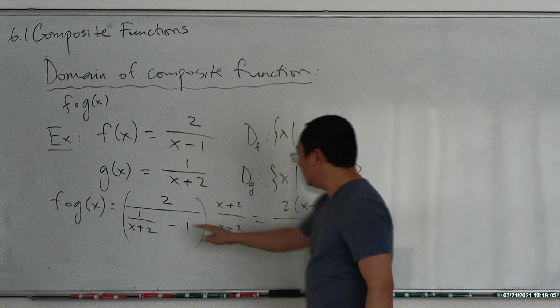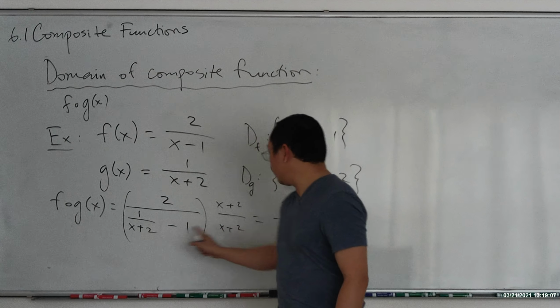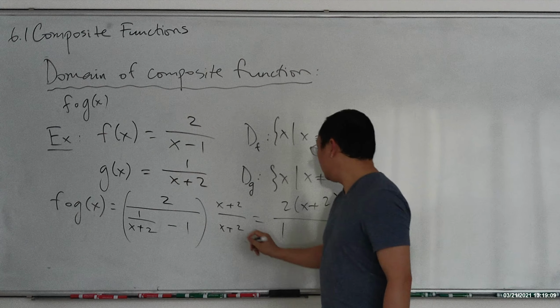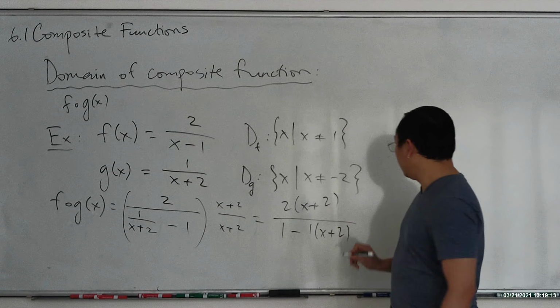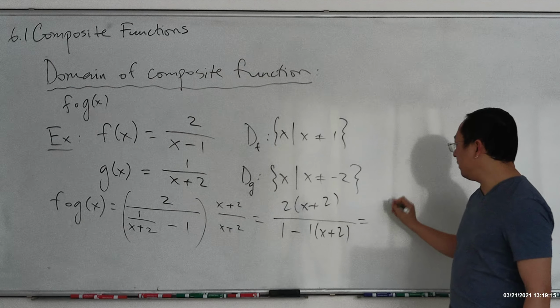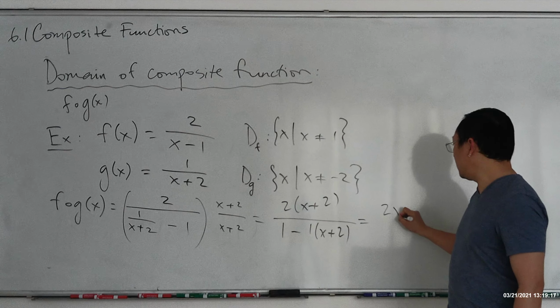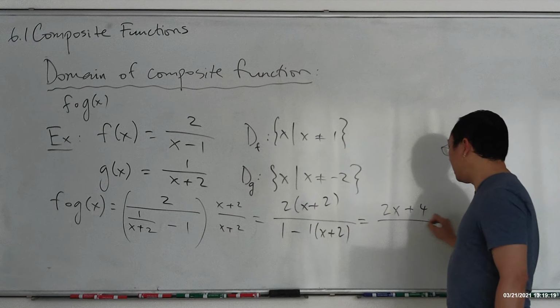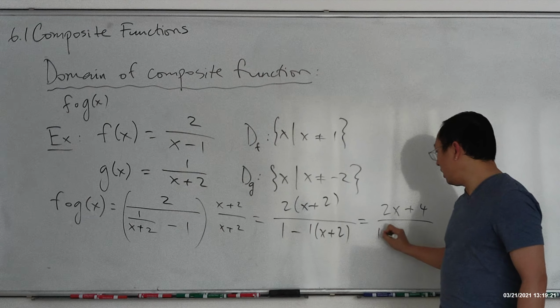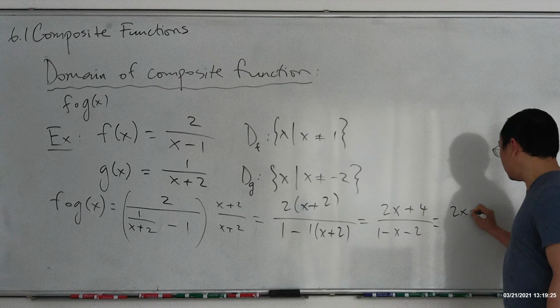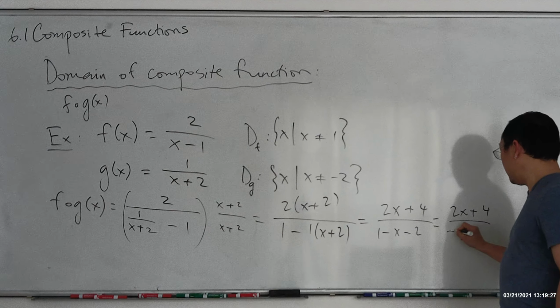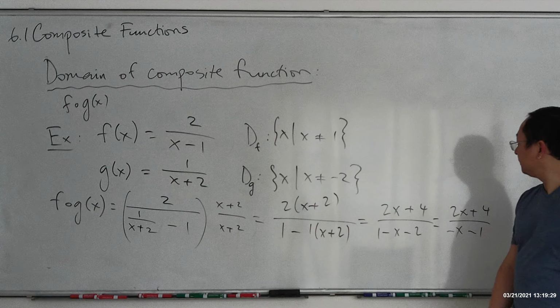And the bottom, distributing, 1 over x plus 2 times x plus 2 is 1, and minus 1 times x plus 2. And let's simplify this a little bit more. Top is 2 times x plus 4. The bottom is 1 minus x minus 2, and this is 2x plus 4 over negative x minus 1.